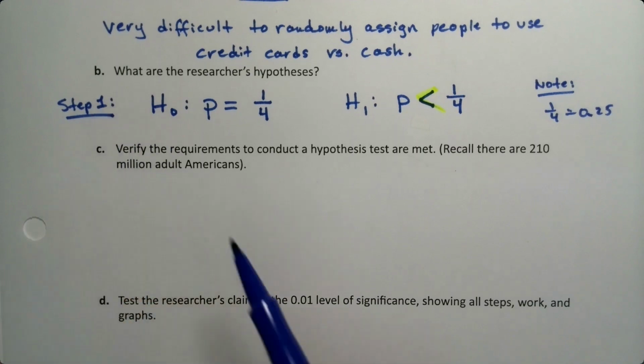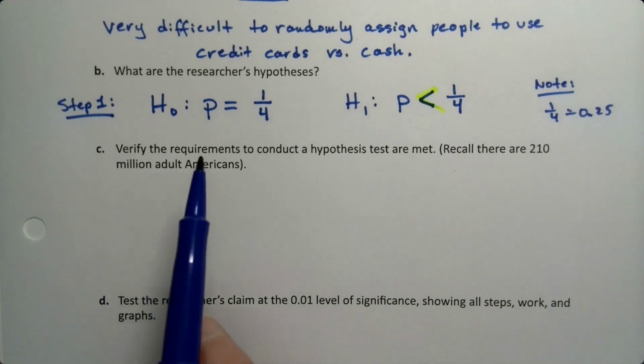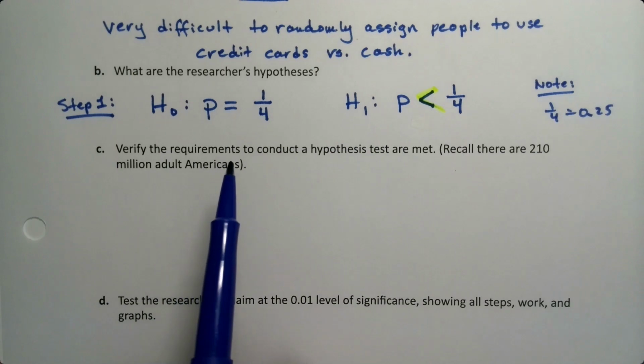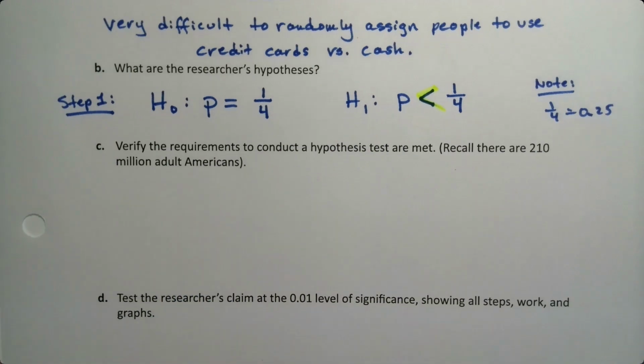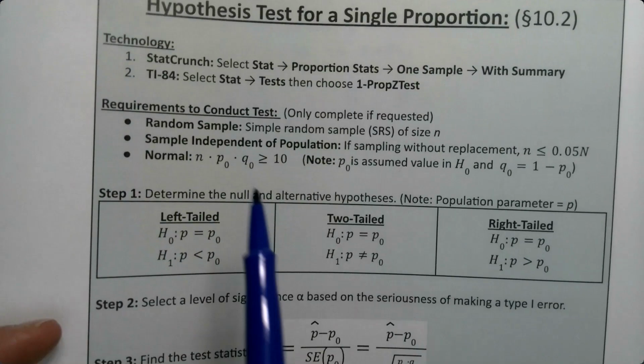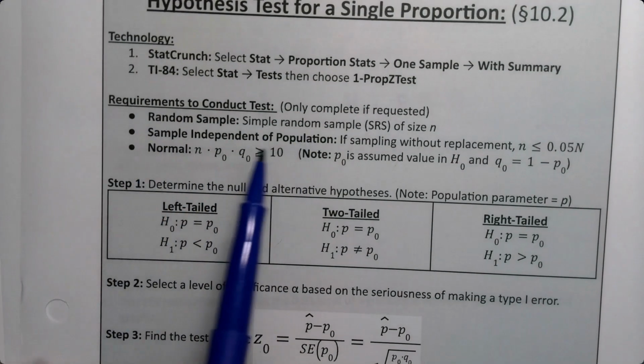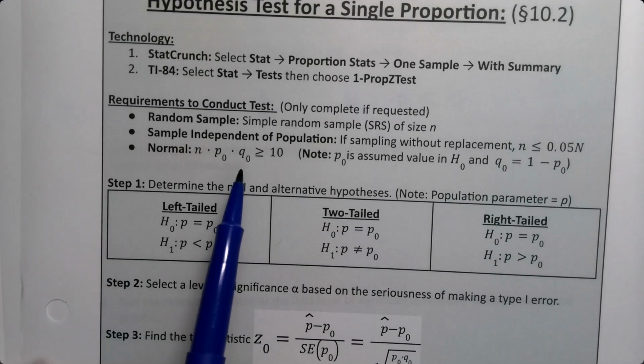So, all right, now, that was step 1. We're actually going to do steps 2 through 6 down here at the bottom when we actually run the test. But I wanted to find the hypotheses first because we need the hypotheses to verify our requirements. Now let's look at that. The requirements are going to look very familiar to you. It's random, it's independent, and it's normal.